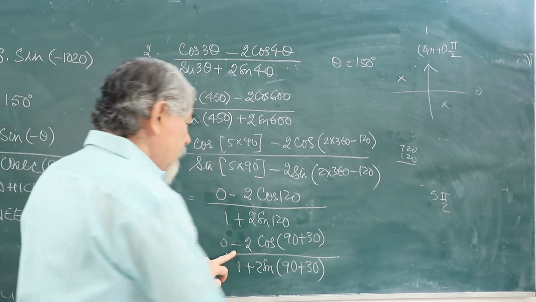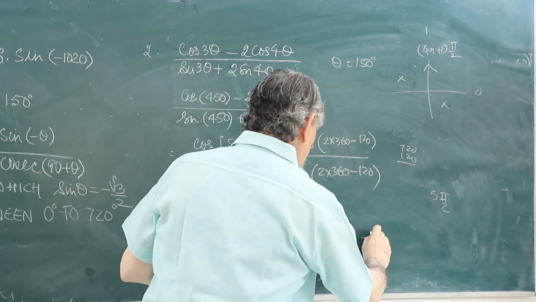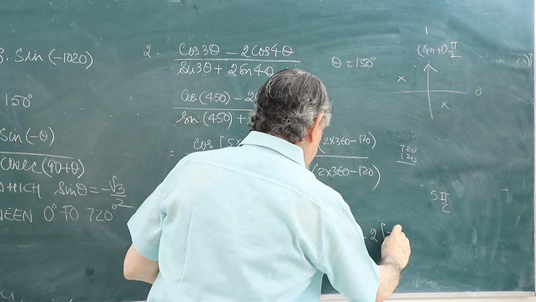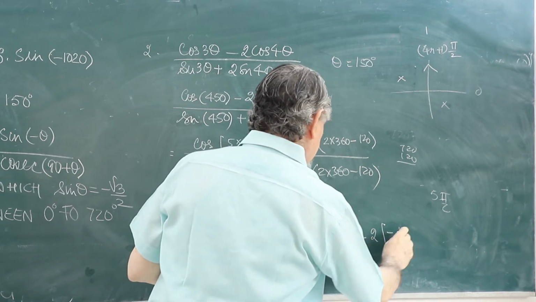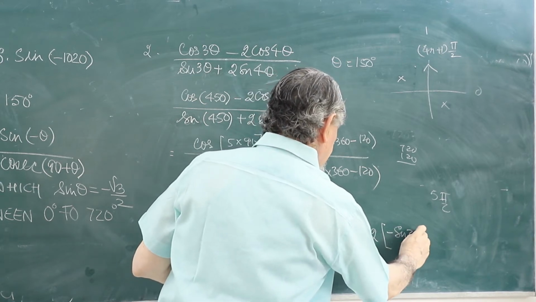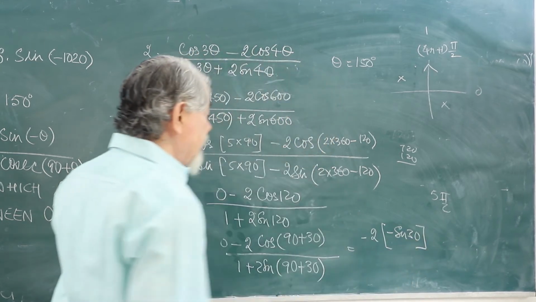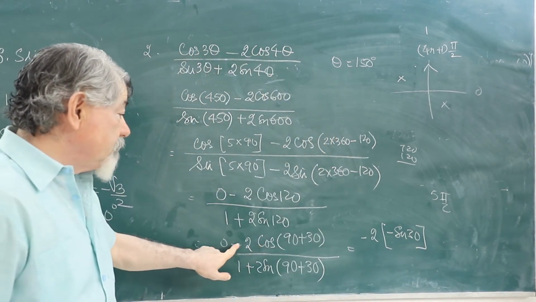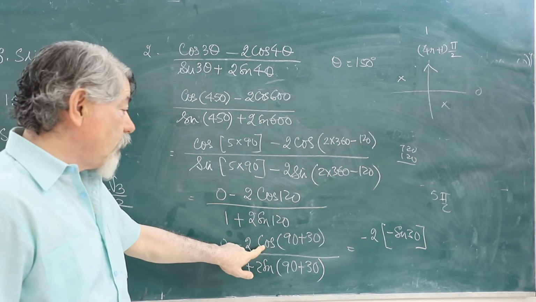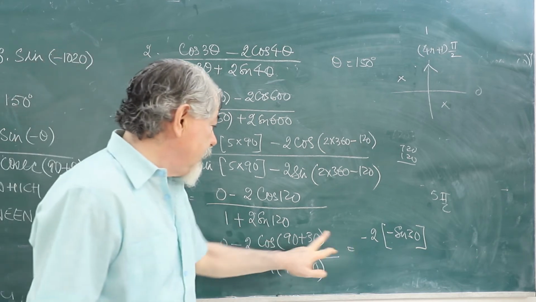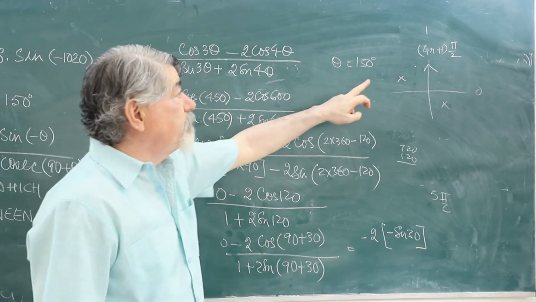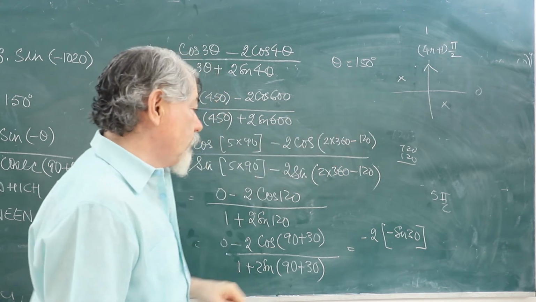0 minus, so it will become minus 2, and it will become minus sine 30. Why will it become minus? Because it is minus already, and cos is minus in this second quadrant.